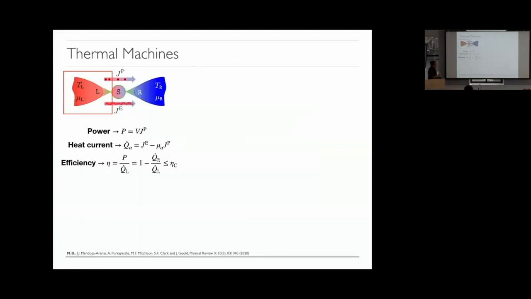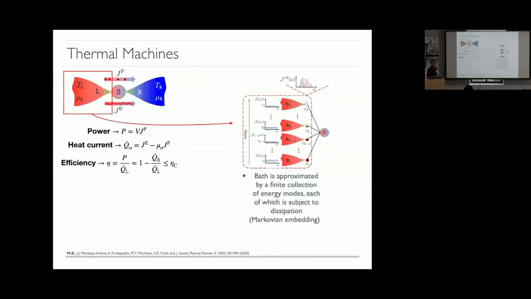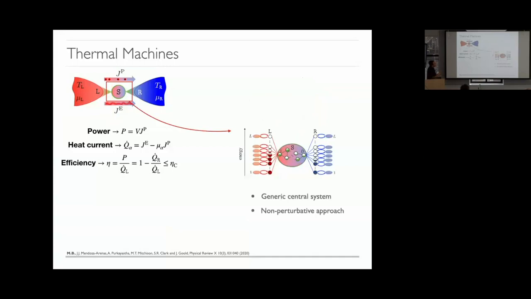All right, we have our bath description after a long fight. We basically discretize the reservoir into a collection of modes, each of which is subject to thermal dissipation via Lindblad operators. But what we really want to solve is something very complicated as a central system, something like an interacting many-body system in the middle.